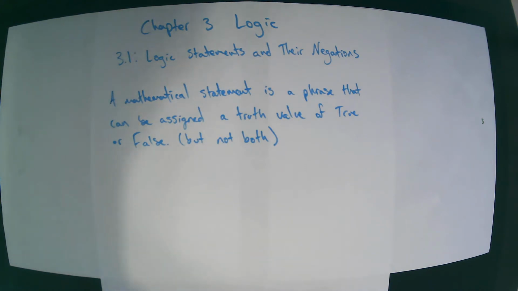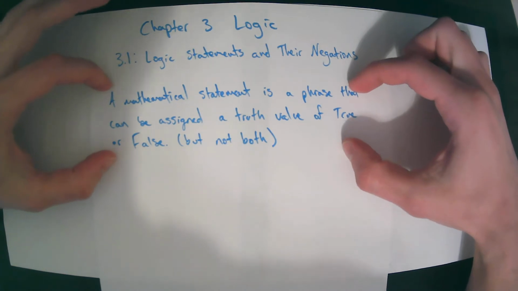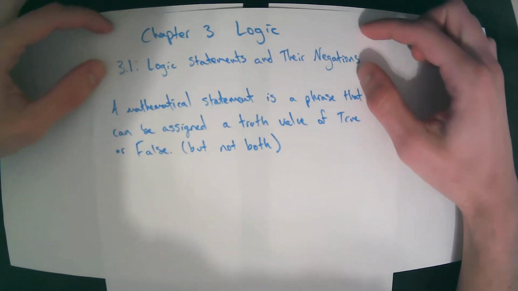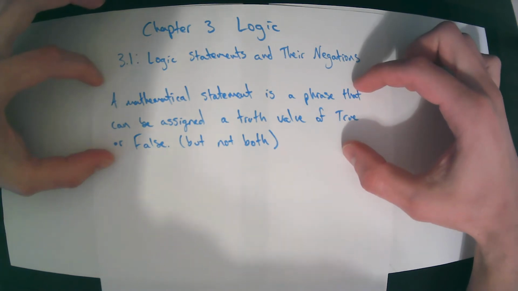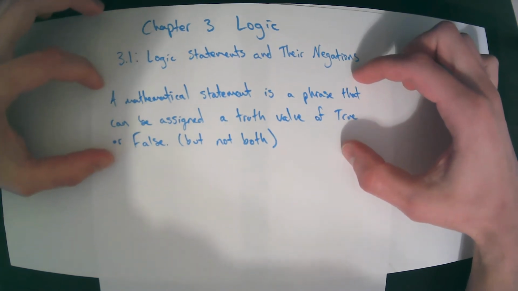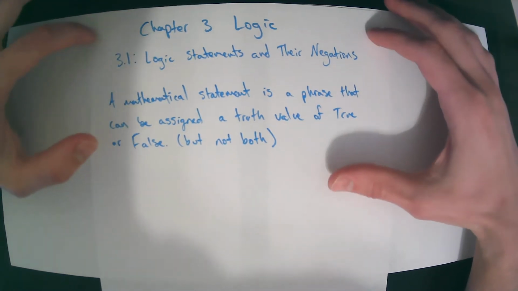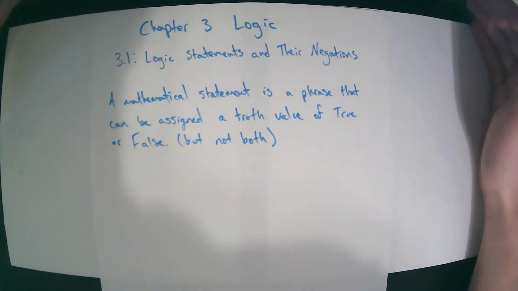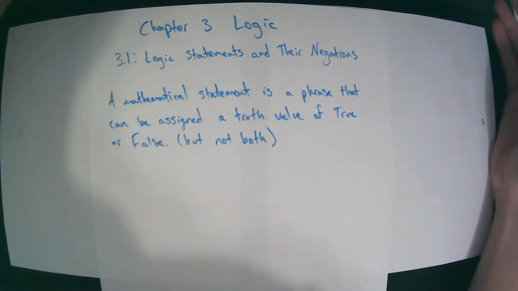So we can already see how, if mathematical statements are the very first definition in this logic chapter, and mathematical statements are like the backbone of the scientific method, then surely logic must be a very important aspect of mathematics, and beyond mathematics, just in science in general, just in everyday life, really.